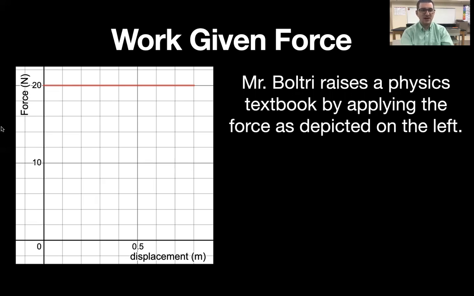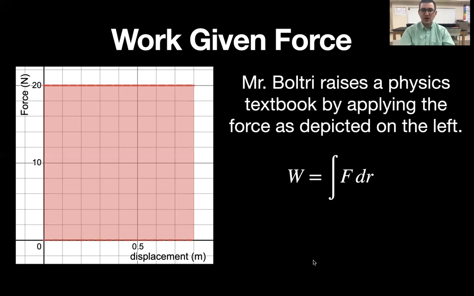So it stands to say, well, if I take the force, newtons, and multiply it by the meters, then I am just basically integrating this graph, and that might give me the work. And if that is your guess, then you'd be correct. So 20 times 0.8 is going to give the work by Mr. Boltri. So another way that we can think about work is just the integral of the force displacement graph, where r in this situation is the displacement.